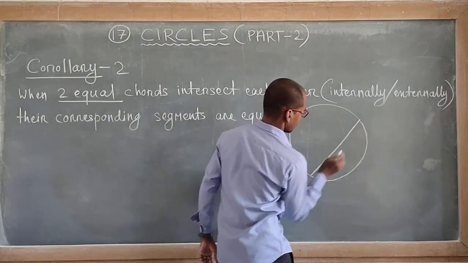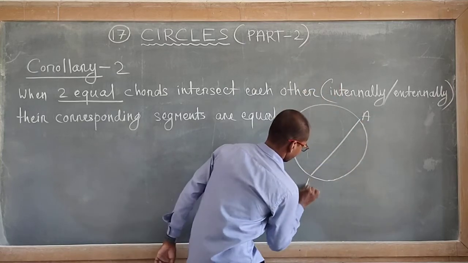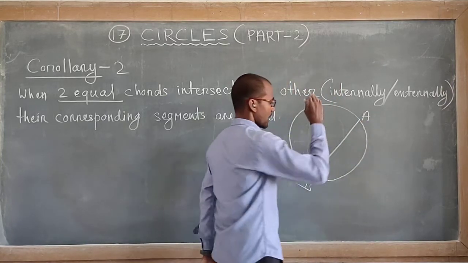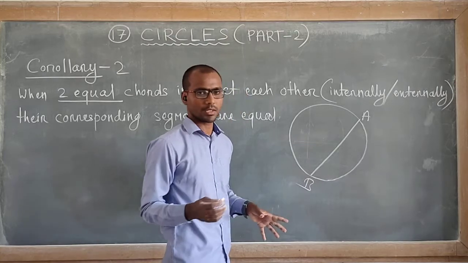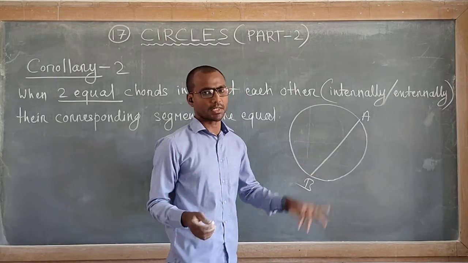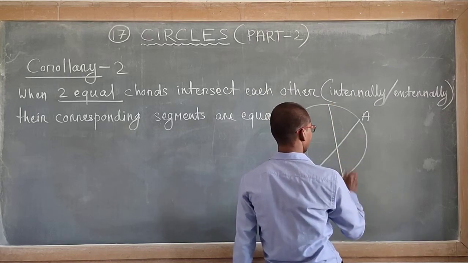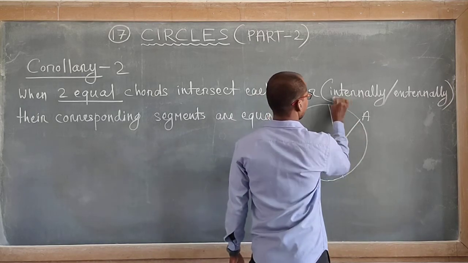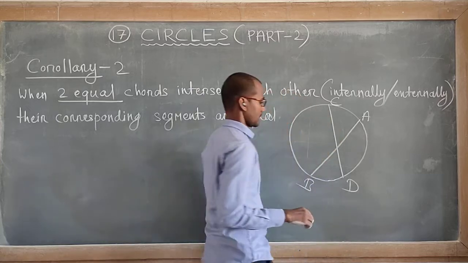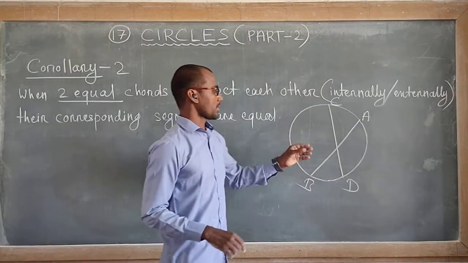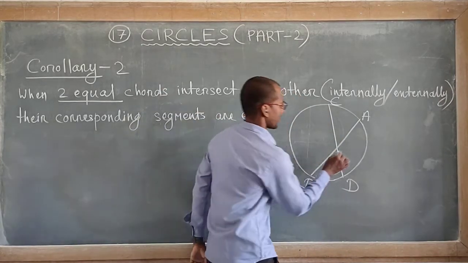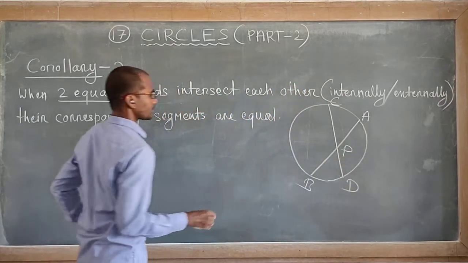Suppose this is AB, and I draw another chord which is equal to AB and it will be intersecting AB. This is CD. AB is equal to CD, given. Let the point of intersection be P.